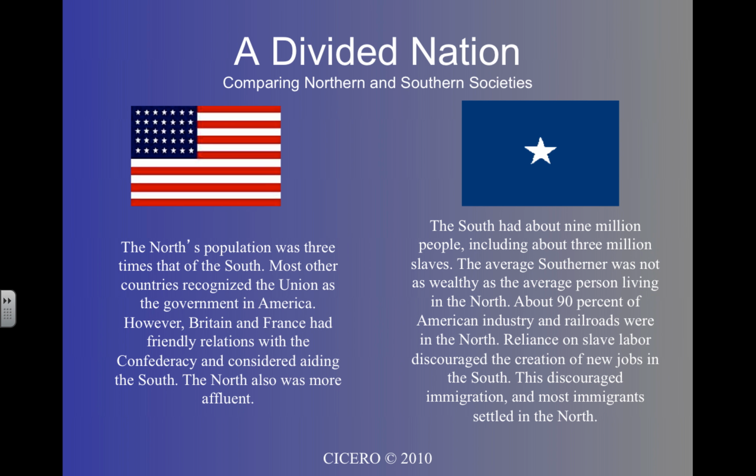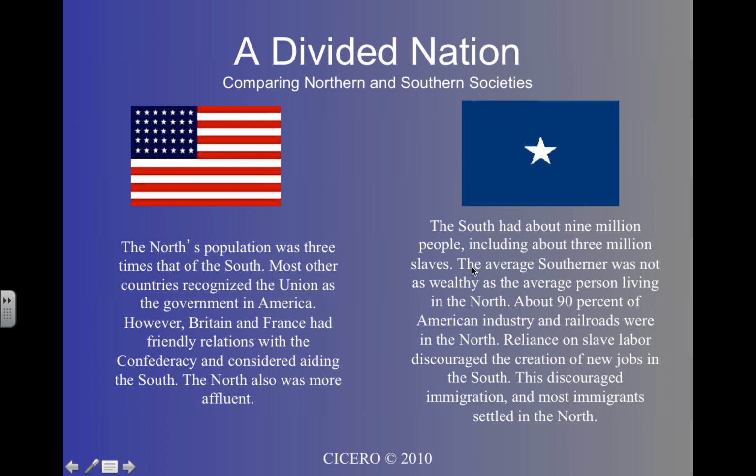Like it said here, Britain and France had friendly relations with the South as the war started, and actually considered aiding the South. The reason they had these friendly relations is because the Cotton Kingdom of the South provided all this raw material for Great Britain and France to manufacture many different things out of cotton, not limited to clothing.